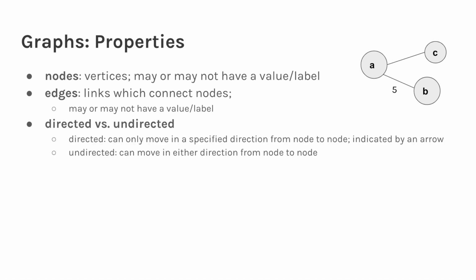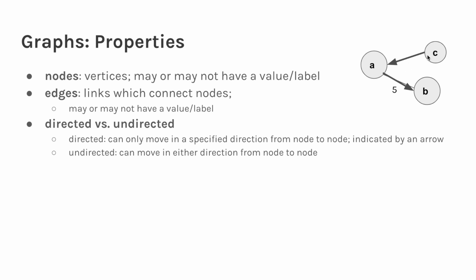We have the concept of directed versus undirected edges. In this visual, these edges are undirected because we can move in either direction, so we can go from A to C or from C to A. Contrast that with directed edges. In this case, we specify an arrow that indicates the specific direction we can go.